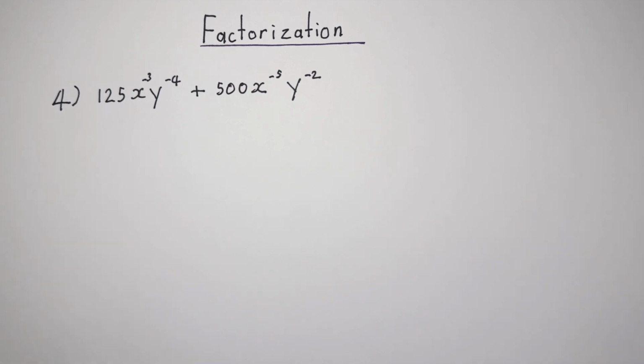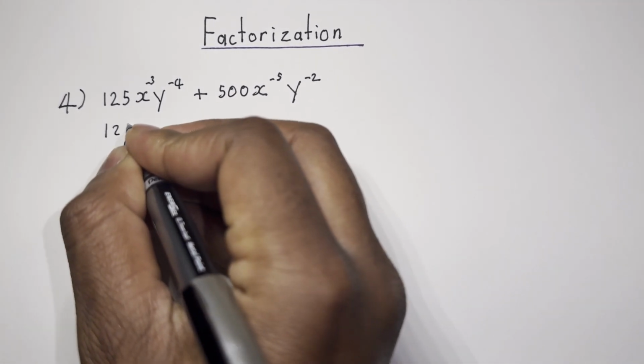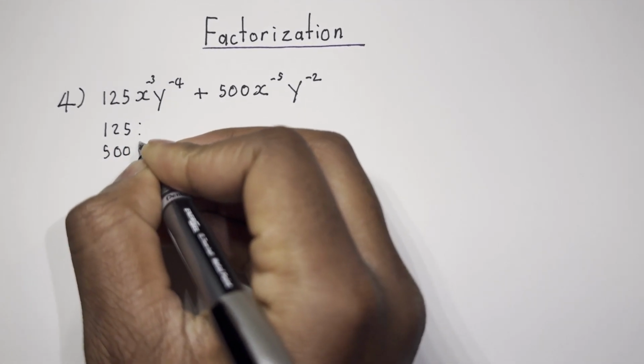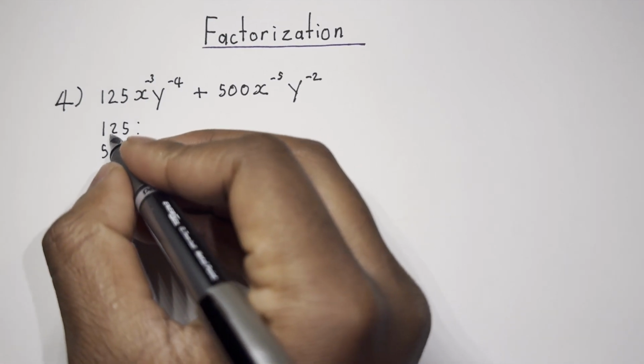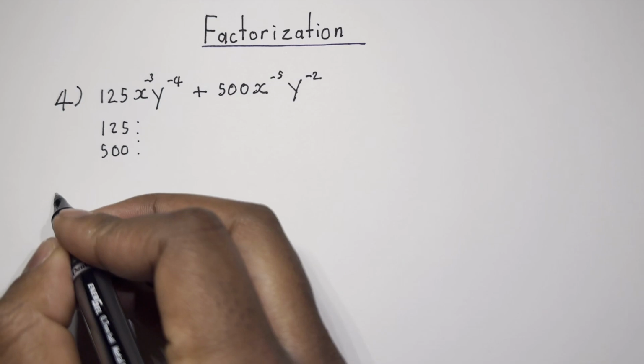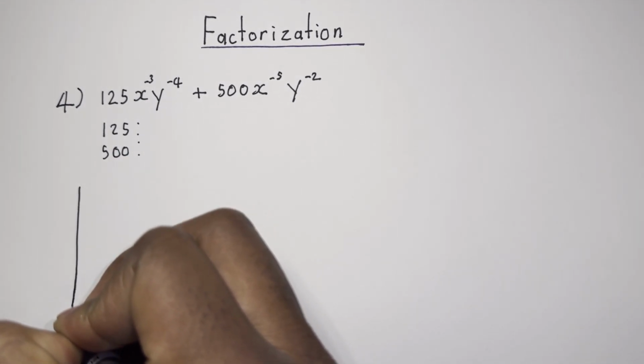Great. So we find the HCF of 125 and 500. When we're dealing with large numbers, there's an easier way to find the factors. We can use a technique known as prime factorization.